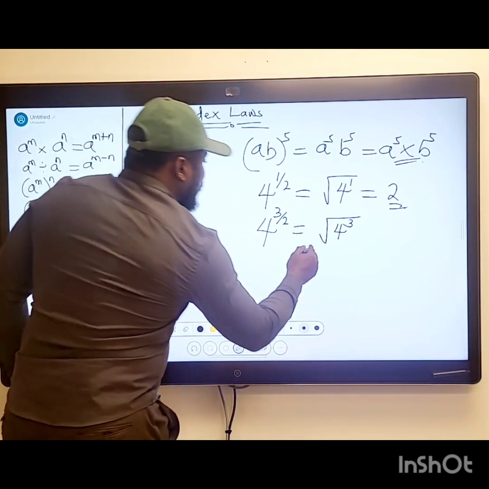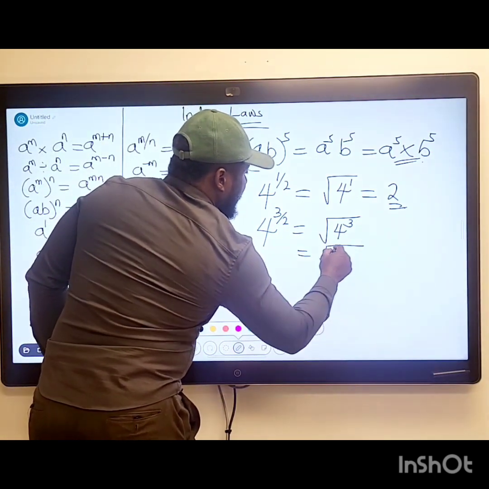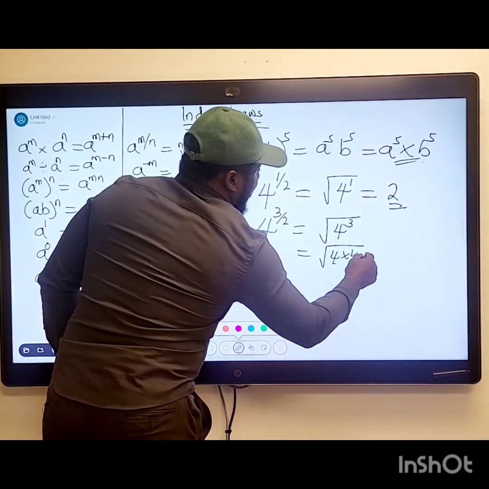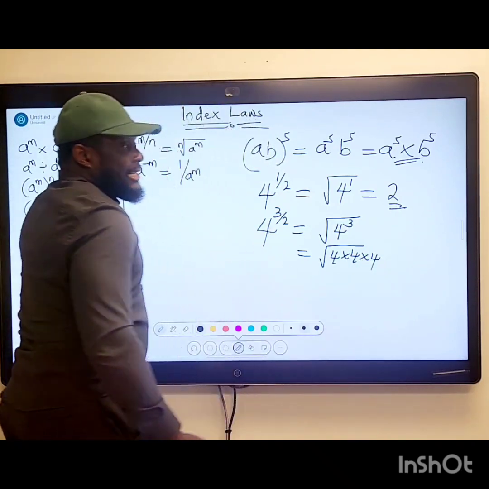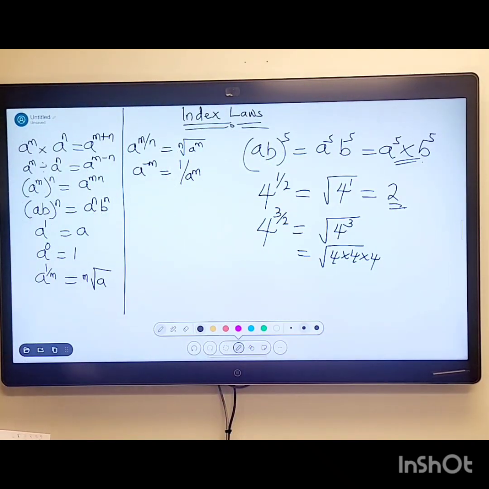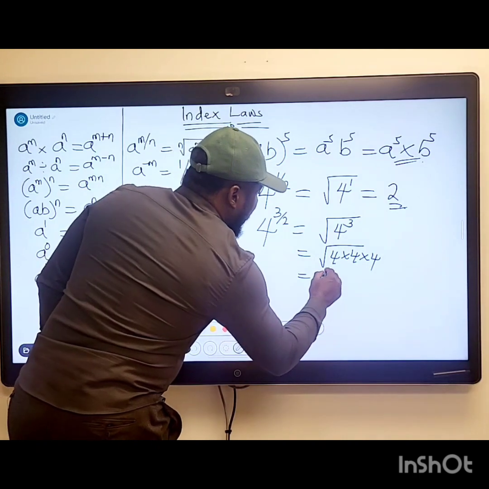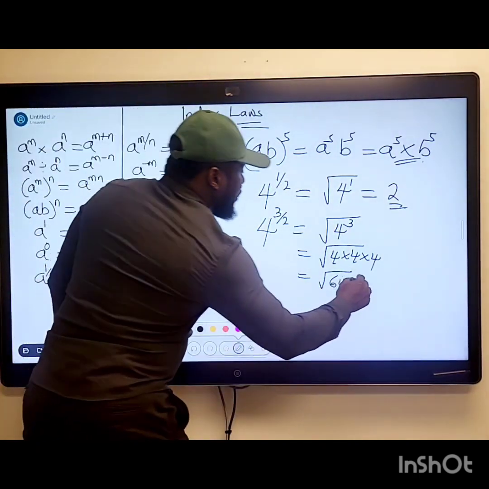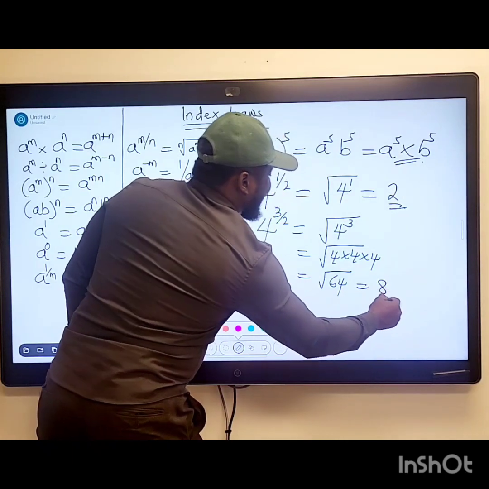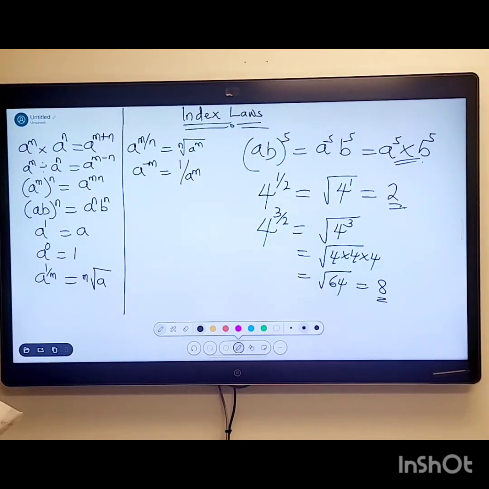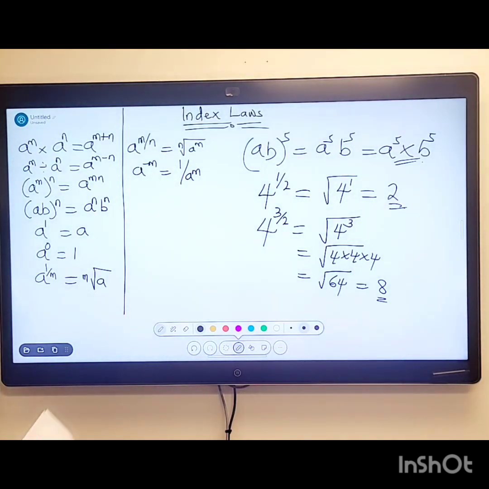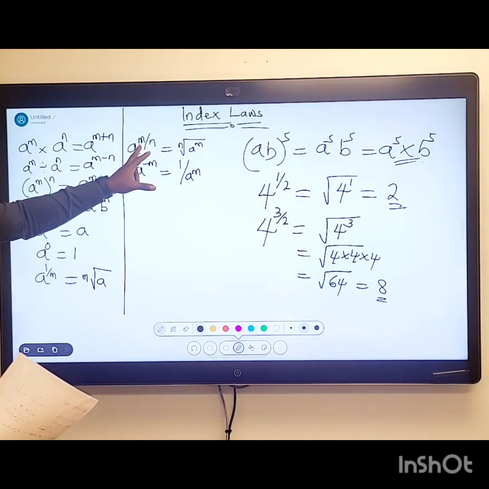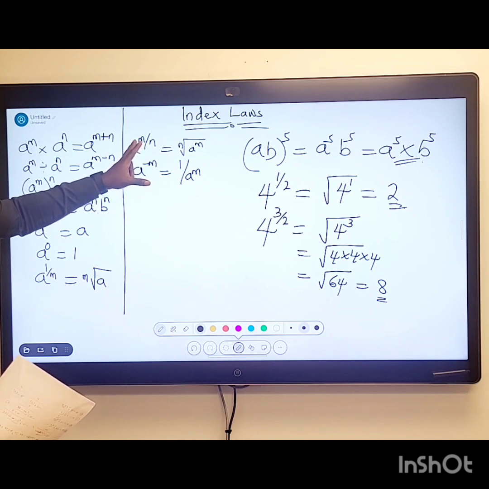So this will give you 4 times 4 times 4. 4 times 4 is 16, and 16 times 4 will give us 64. So the square root of 64 is 8. You can see that is this kind of question.